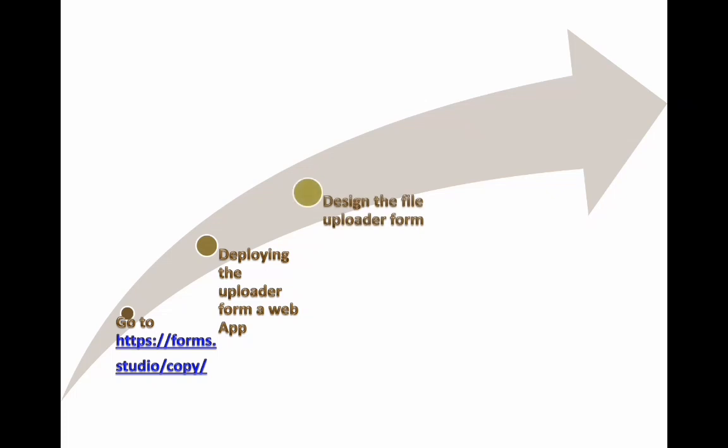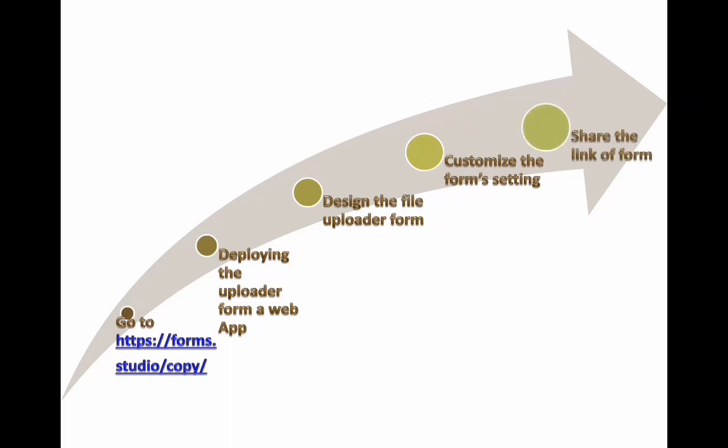After that, we will design the file uploader form like we used to do in Google Forms. There will be different types of questions, and accordingly different types of answers, so we have to design accordingly. After that, customize the form settings according to our requirements.